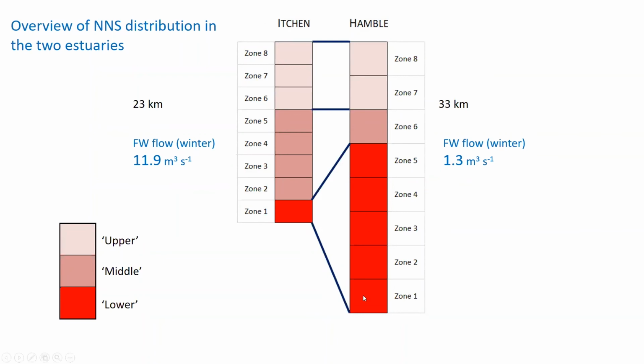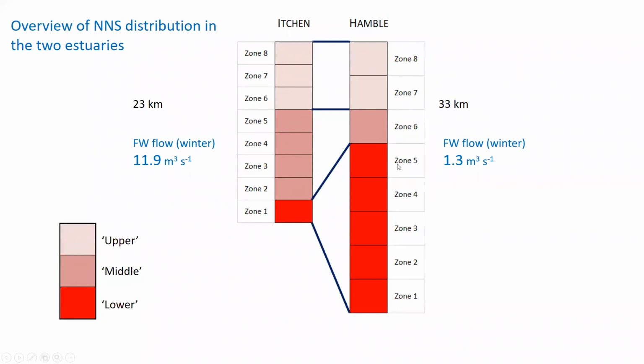So this really explains why lower estuarine conditions pertain over a much greater proportional length of the Hamble than the Itchen, and to some extent why the middle zone is relatively longer in the Itchen than the Hamble. This isn't a zone with an intermediate level of mixture of freshwater and seawater.